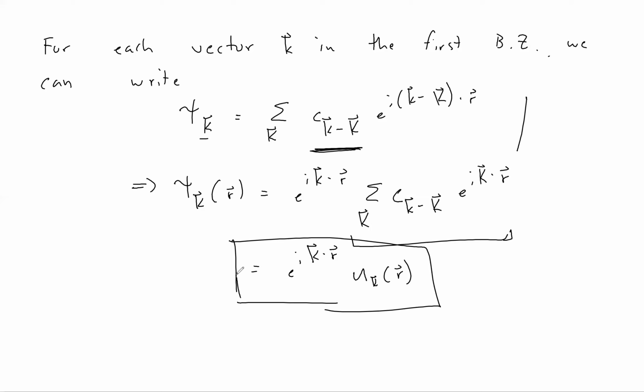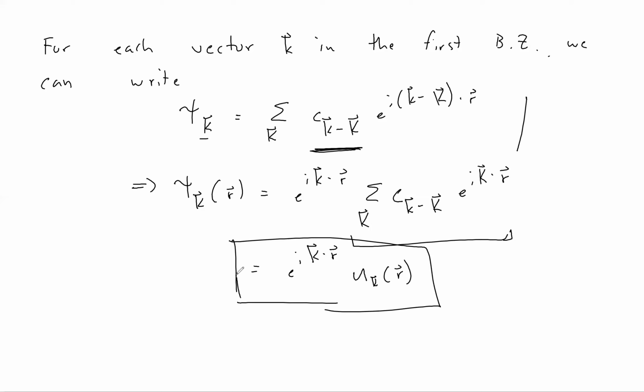That simplification is made possible because we chose little k in the first Brillouin zone. Had we not restricted little k to lie in the first Brillouin zone, we would not have been able to make that simplification. We would not have been able to see that only those coefficients are coupled together. Okay, so that's one important point about this derivation.